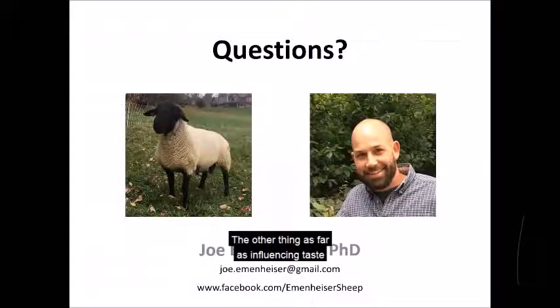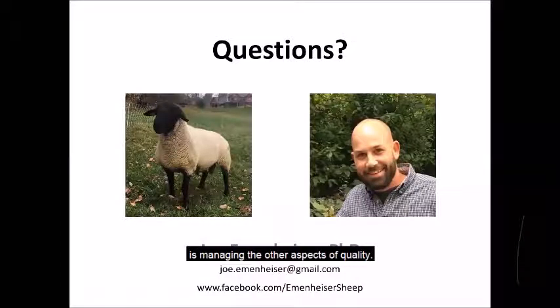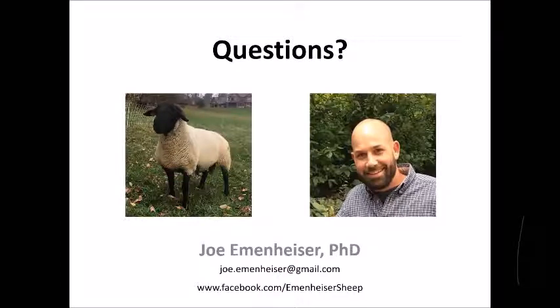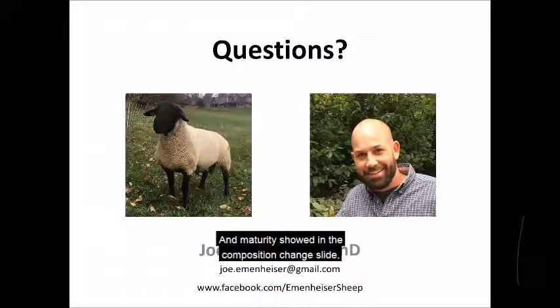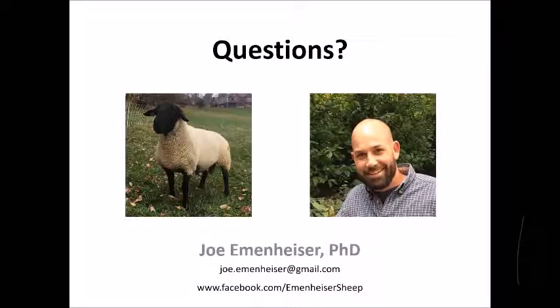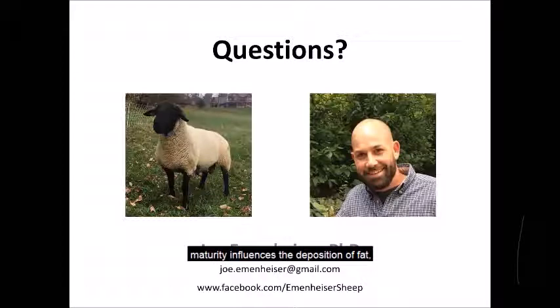The other thing, as far as influencing taste, is managing the other aspects of quality. Okay, fat was one of them, and flank streaking, but the other is maturity. And maturity showed in the composition change slide. Maturity influences the deposition of fat. Animals get fatter as they get older, but maturity also influences the texture and the composition of the lean or of the muscle.